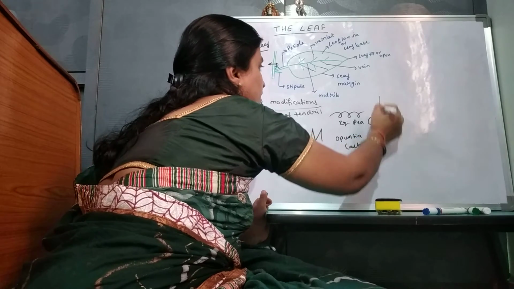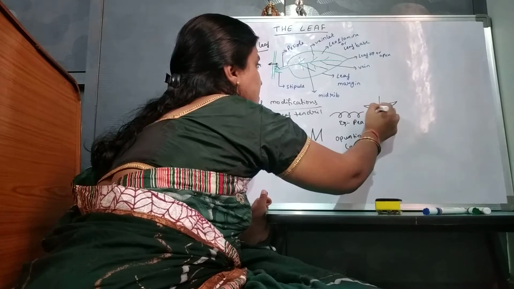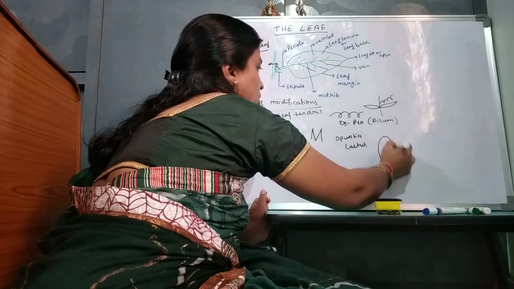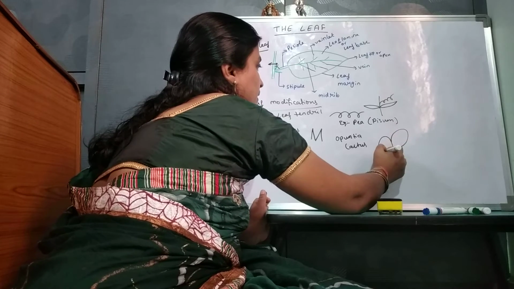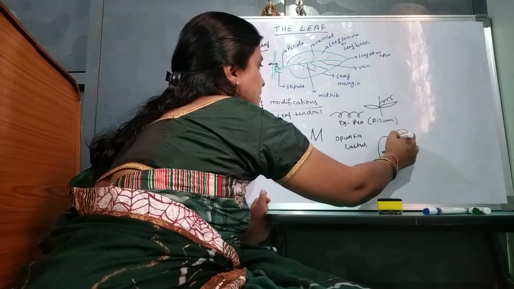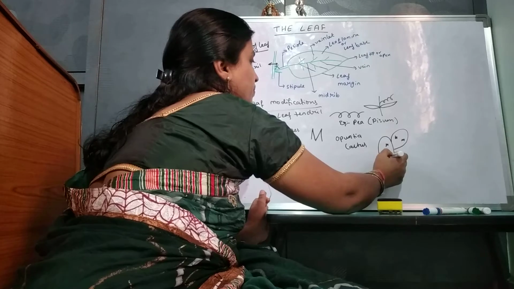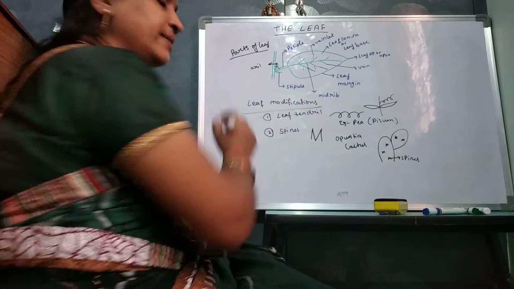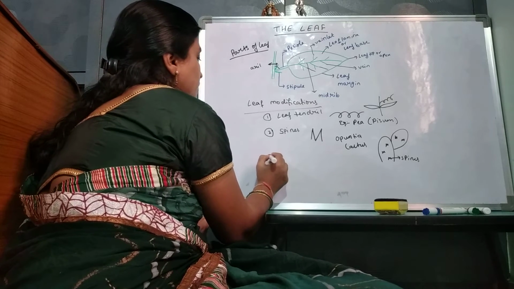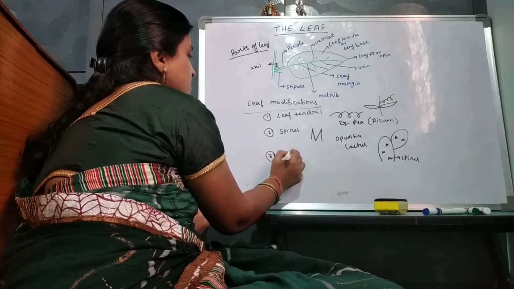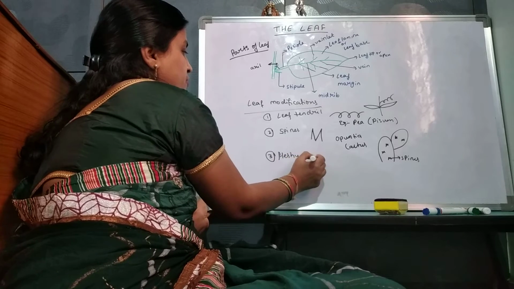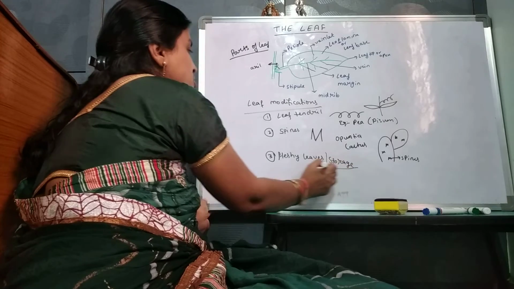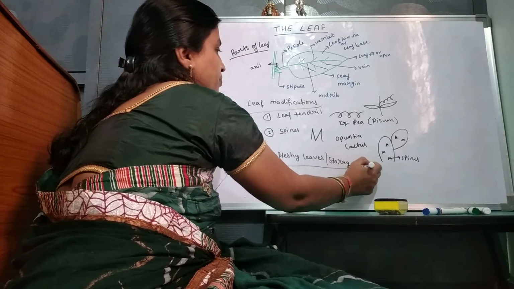That means here the leaves are present like this, here like this a tendril is present. Here in spines, if you take Opuntia diagram, like this. So these are spines. And then coming on to fleshy leaves or storage leaves. Fleshy leaves or storage leaves means the leaves store the food materials.